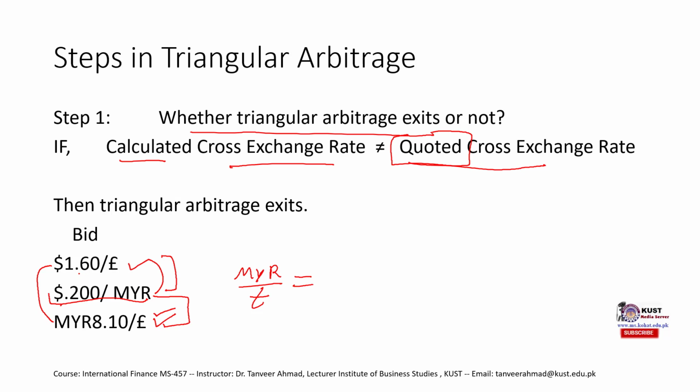It's $1.6 per pound. We want the pound to be in the denominator, so we write it like this, 1.60 divided by. Now for the next currency, we want the Malaysian ringgit to be in the numerator, so we write the reciprocal of the exchange rate given in the question.